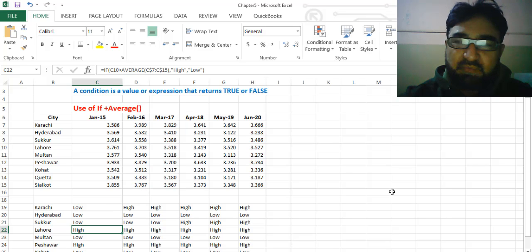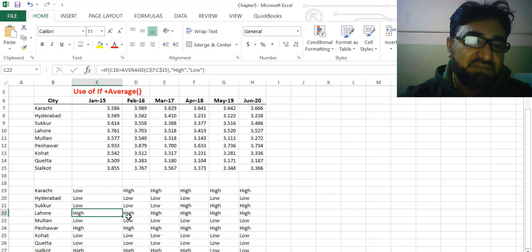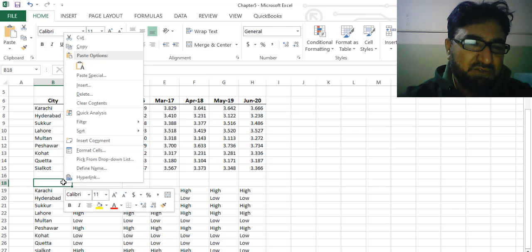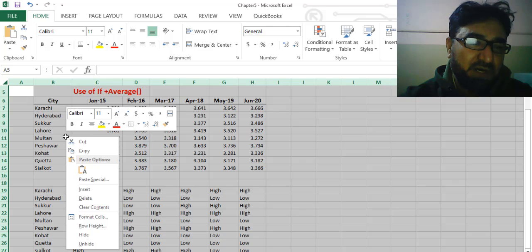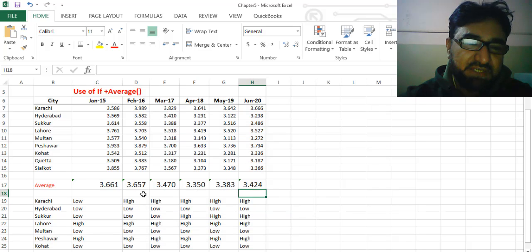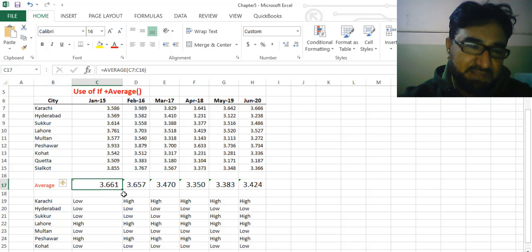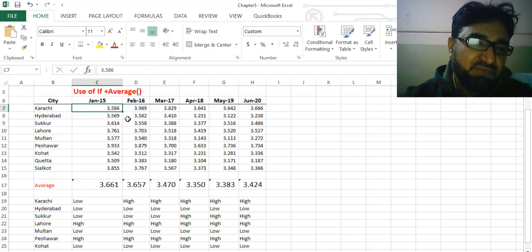So if we want to check whether it is correct, I would rather do one thing: some of the rows are hidden in this sheet, and it is now shown, and this is the average. We made the average of this data with the average function, and we can see that the average is 3.661 and Karachi is 3.586.